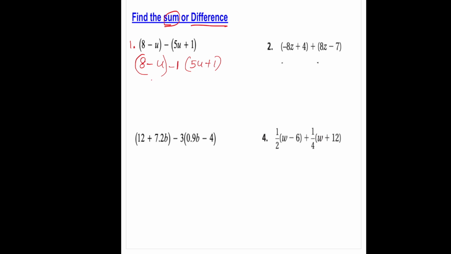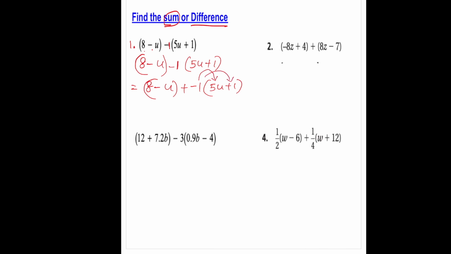So they want you to take away 5u plus 1 from 8 minus u. If they don't have any number outside, consider that as a 1. So it will be easier for you to distribute that negative sign. Now I can rewrite that as 8 minus u plus negative 1 times 5u plus 1.